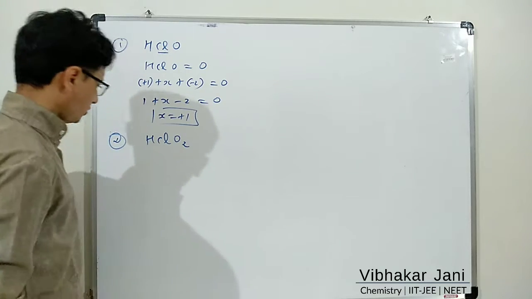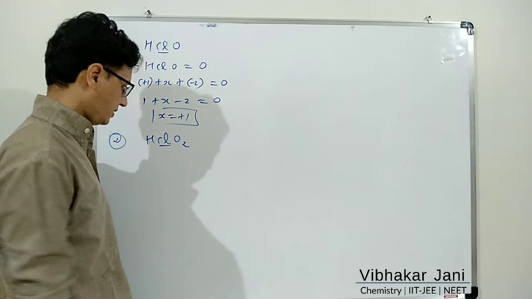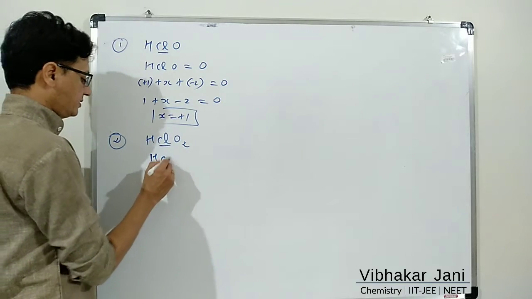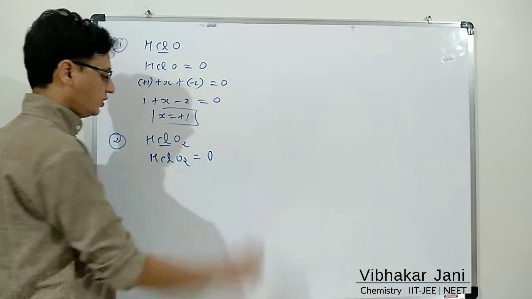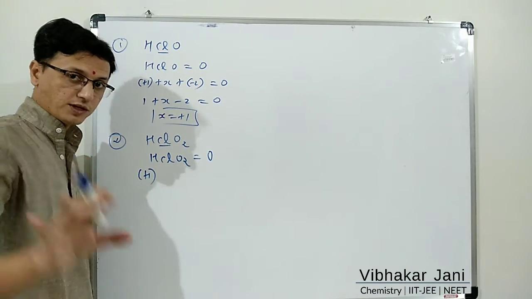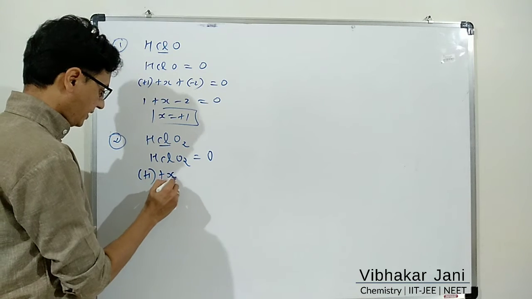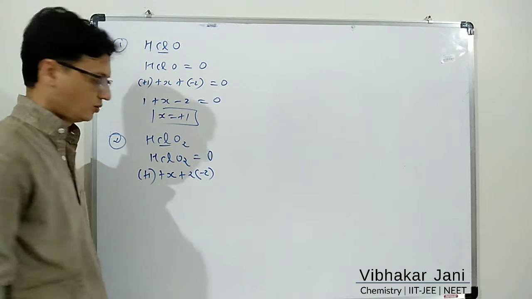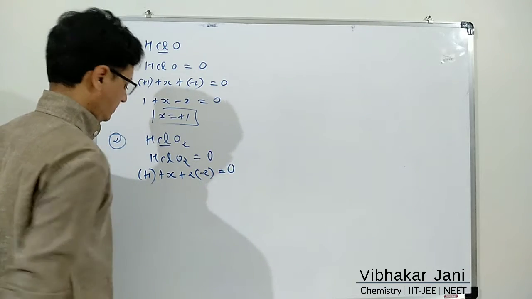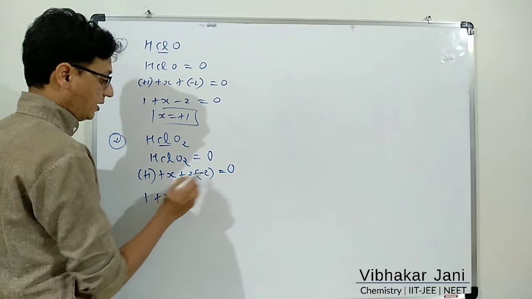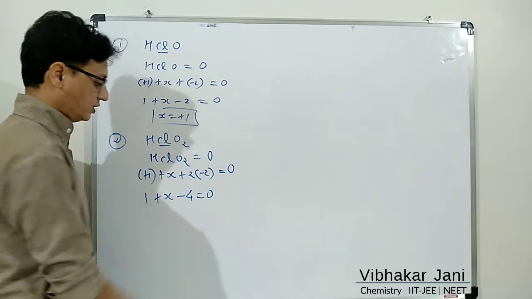In HClO2, if we are asked to find the oxidation number of chlorine, then also HClO2 equal to 0. For hydrogen, we will take +1. Now you know very well that plus X plus 2 multiplied by -2 for oxygen is equal to 0. So it is 1 plus X minus 4 is equal to 0.